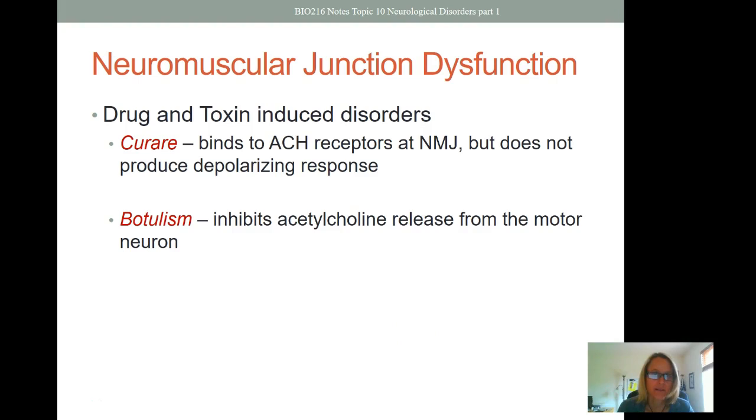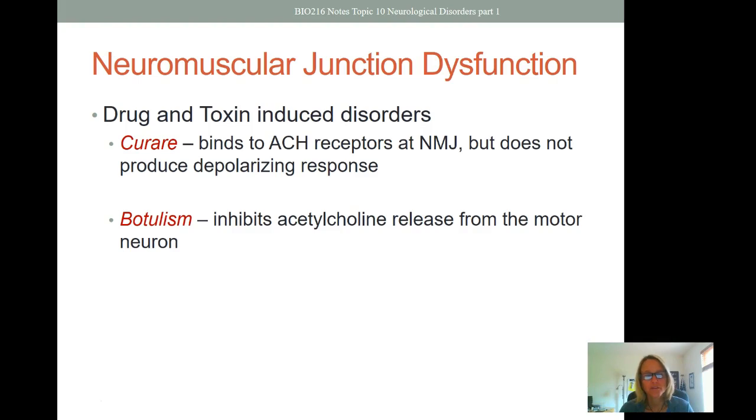Okay, let's take a look at dysfunction of the neuromuscular junction. I just have two examples for you here. Curare is a drug, a toxin, that can bind to acetylcholine receptors at the neuromuscular junction, but they don't produce a depolarizing response. If we remember the neuromuscular junction, the motor neuron releases acetylcholine into the synaptic cleft.